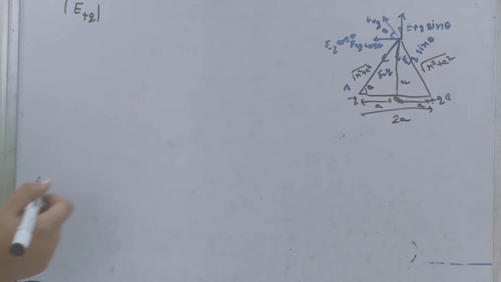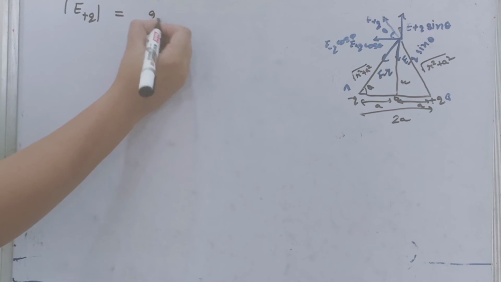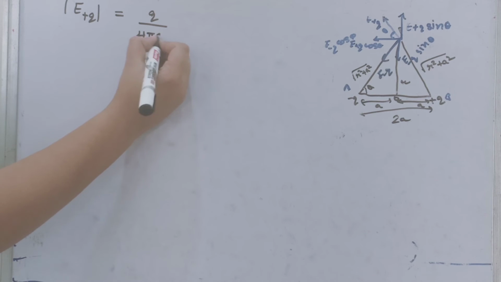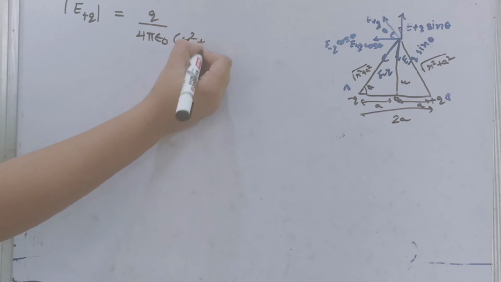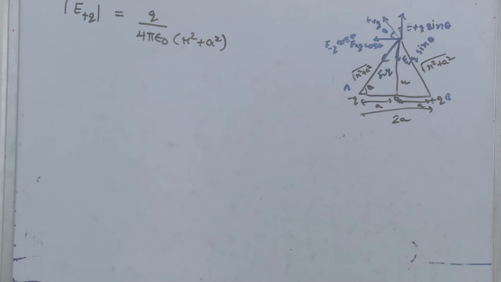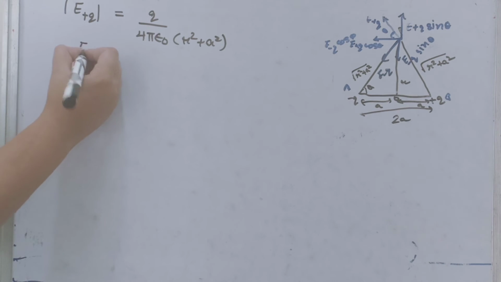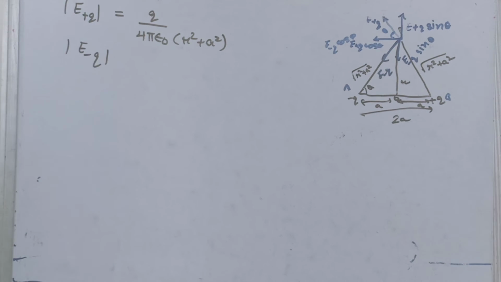It will be equal to Q upon 4 pi epsilon naught (R square plus A square), because square root and square will get cancelled. Fine. So this is the electric field due to plus Q charge. Similarly, what will be the magnitude of electric field due to minus Q charge?